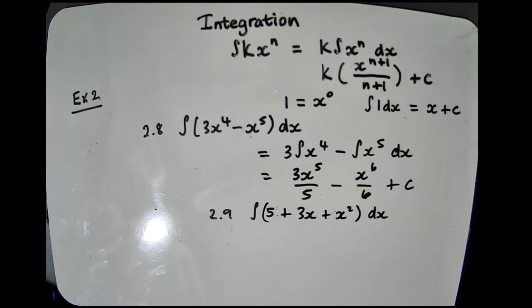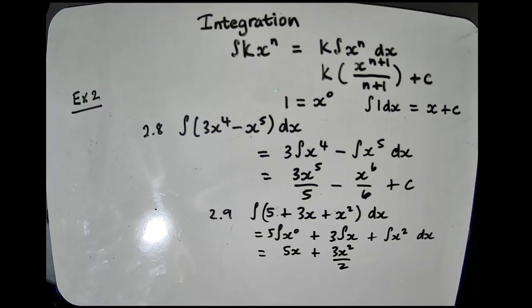Right, let's answer 2.9. So 2.9, we separate it in the first step. Wherever we see there's no x's, that means it's x to the 0. Separate the next one and separate the third term. Right, then we're going to add 1 to the exponents. We're going to get 5x.